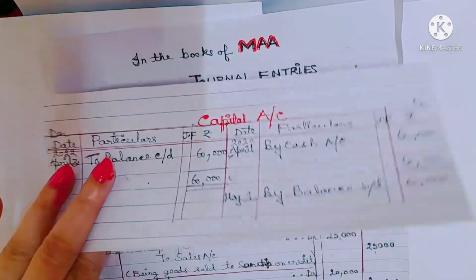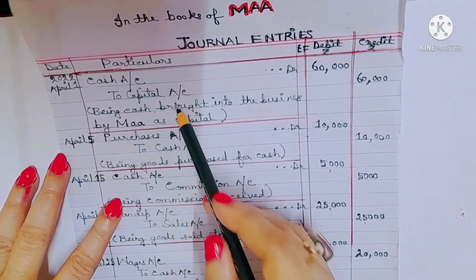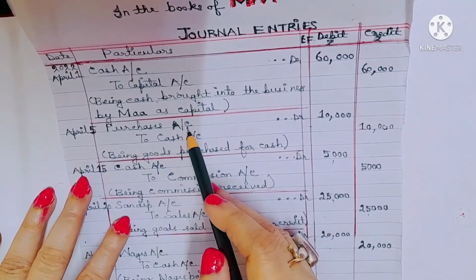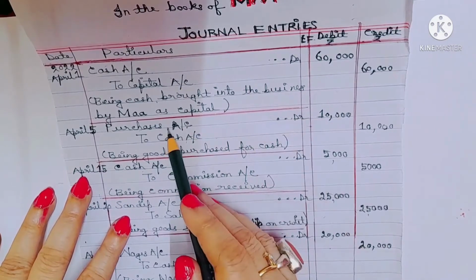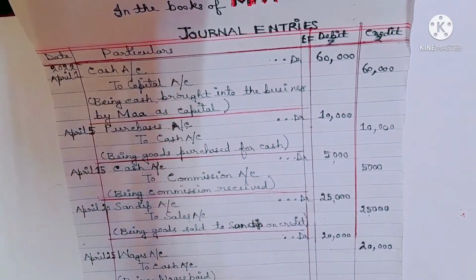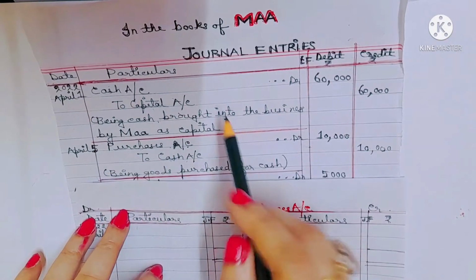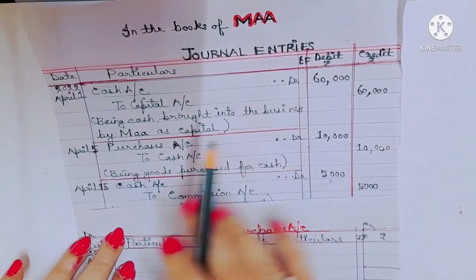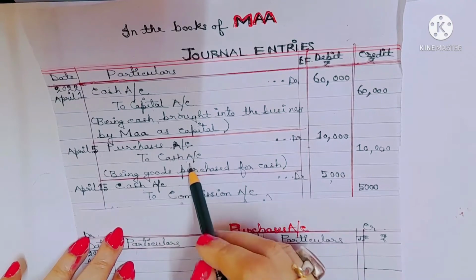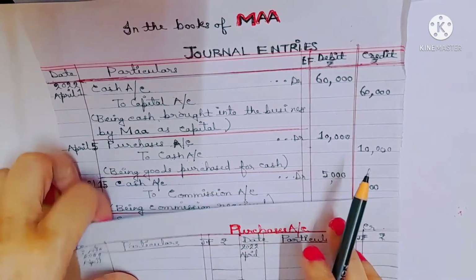Let's do another account. So we have done cash account, capital account. Let's do purchases account. First journal entry, the 1st April, cash account to capital account, no purchases, ignore. 5th April, purchases account to cash account. We are preparing purchases account, remember.